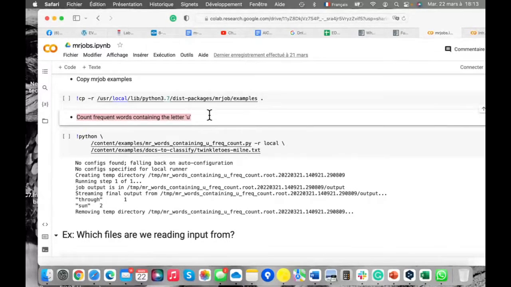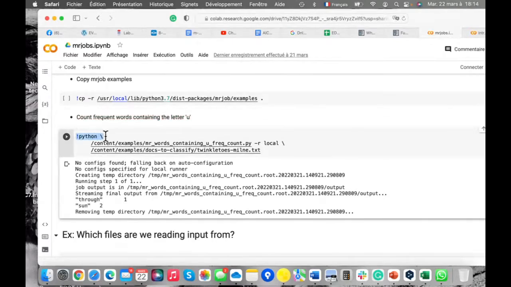So just to see how we use the environment, we will see the code in a moment. In Python, we do an external call to the operating system, saying that we are going to execute these programs. This program is called MR words counting using U frequent count.